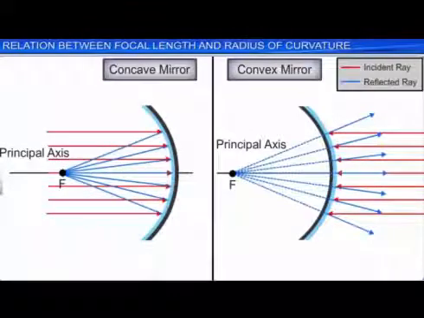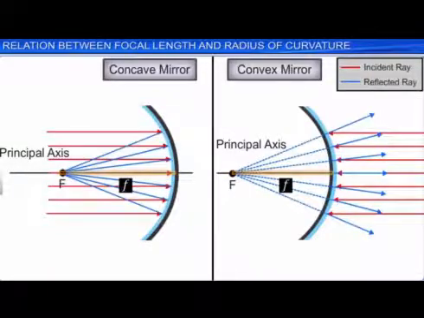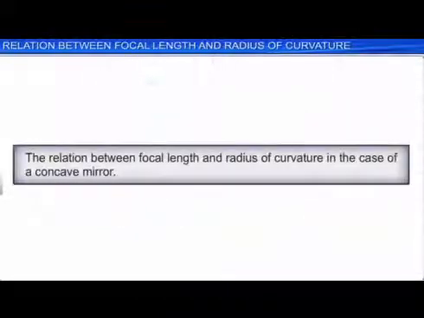The distance between the principal focus and the pole is known as the focal length of the spherical mirror. It is denoted by F. Now, let's determine the relation between focal length and radius of curvature in the case of a concave mirror.